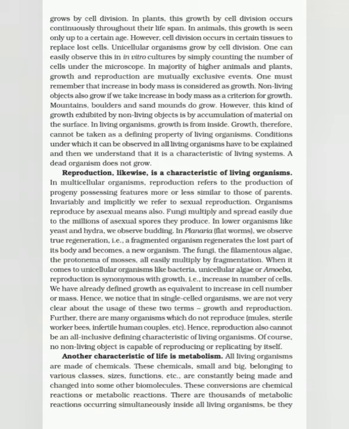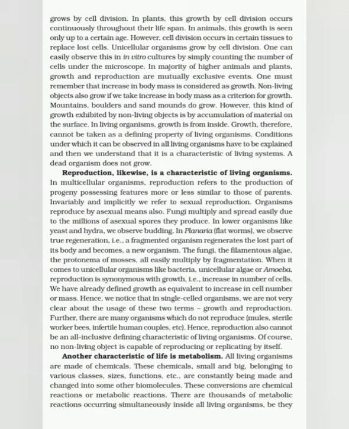When it comes to unicellular organisms like bacteria, unicellular algae or amoeba, reproduction is synonymous with growth, i.e., increase in number of cells. We have already defined growth as equivalent to increase in cell number or mass. Hence, we notice that in single-celled organisms, we are not very clear about the usage of these two terms, growth and reproduction.